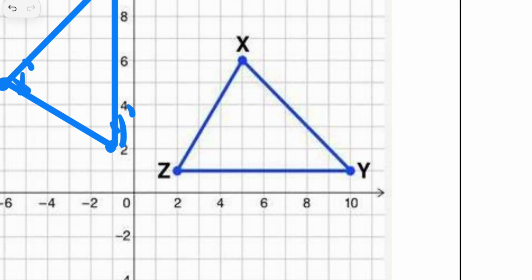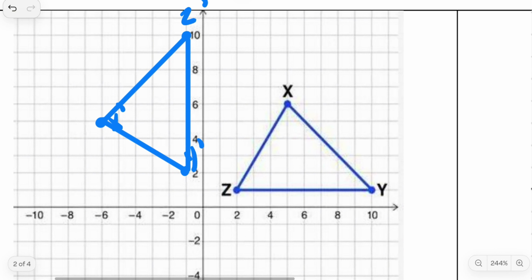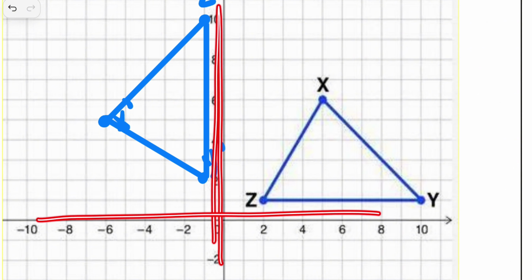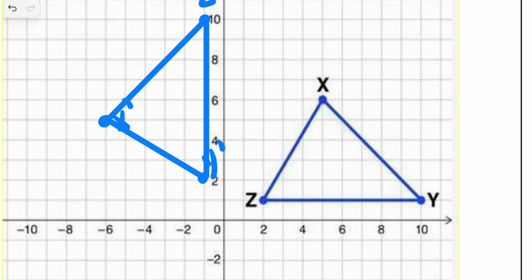If you tilt it, this can become our new x and this can become our new y, and we are still 6 away from this quote-unquote x-axis and 5 away from this y-axis. You can't tell, but I'm making air quotes.